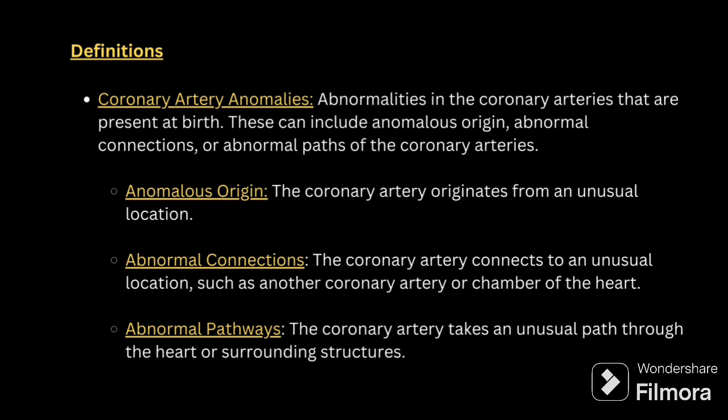Coronary artery anomalies are abnormalities in the coronary arteries that are present at the time of birth. These can include anomalous origin, abnormal connection or abnormal course of the coronary arteries. Anomalous origin: the coronary artery originates from an unusual location. Abnormal connection: the coronary artery connects to an unusual location such as another coronary artery or a chamber of the heart.